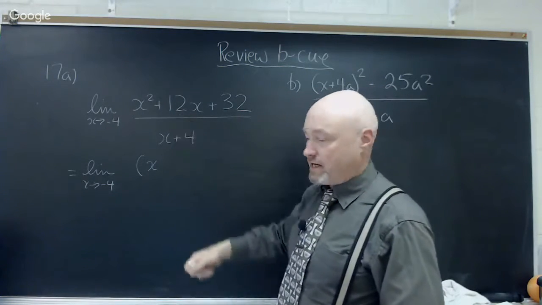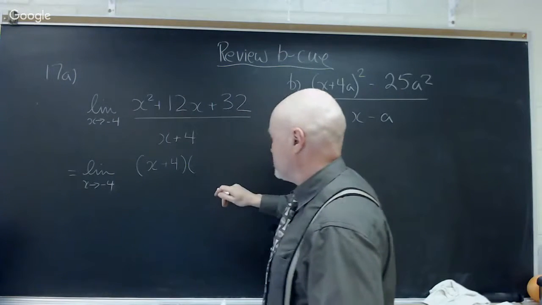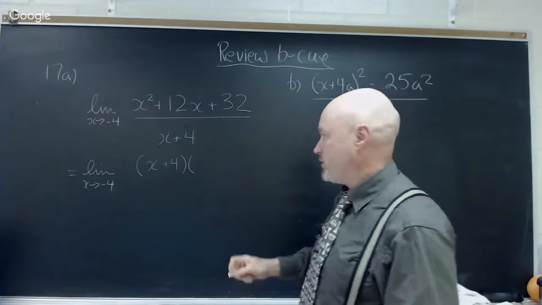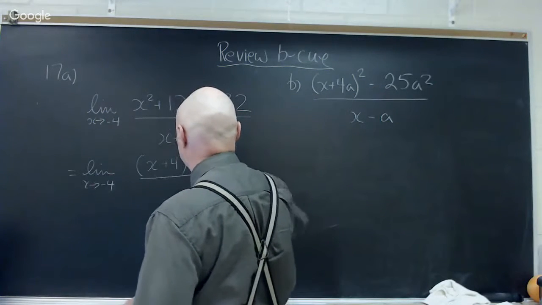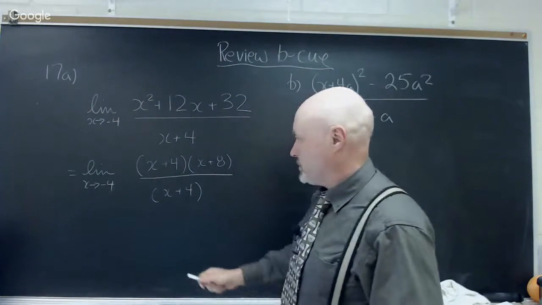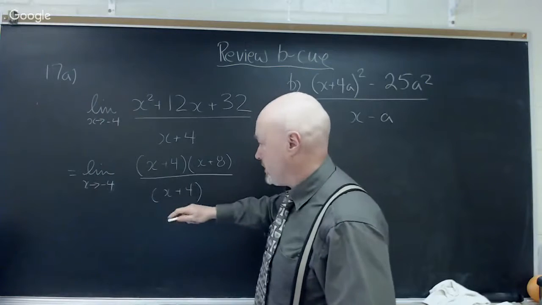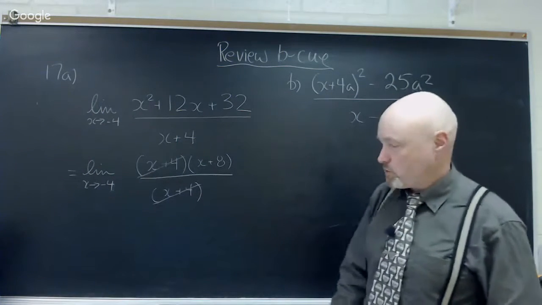So two numbers that add up to 12 and have a product of 32. Oh yeah, x plus 4 and x plus 8 are going to do the job. And that's all over x plus 4, which is our criminally implicated 0 over 0 part of the whole expression.